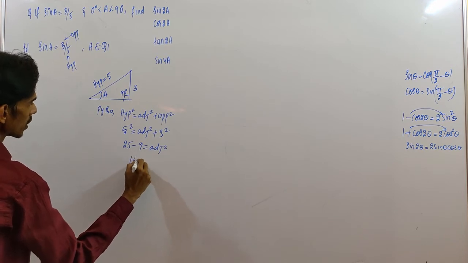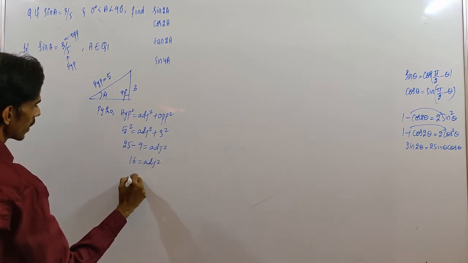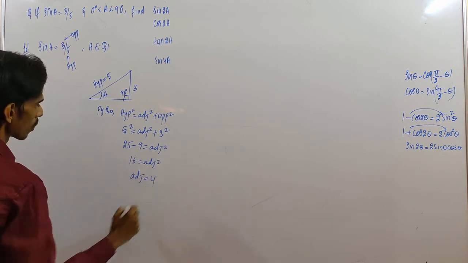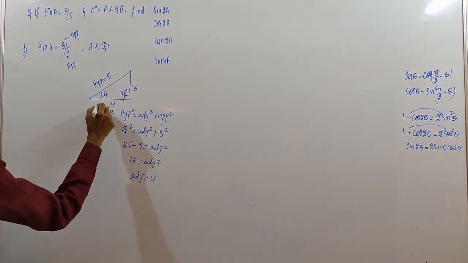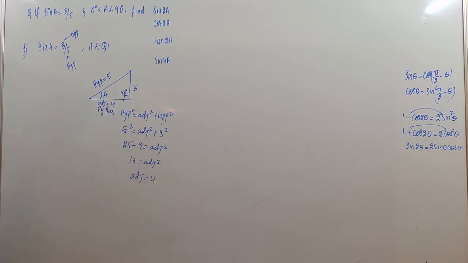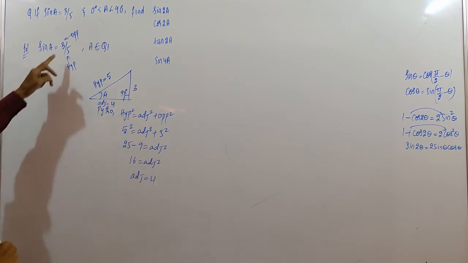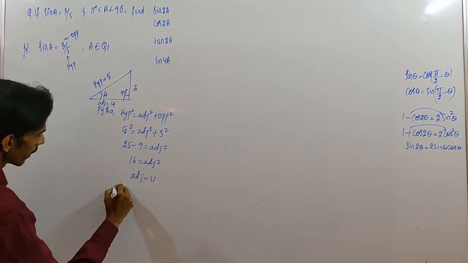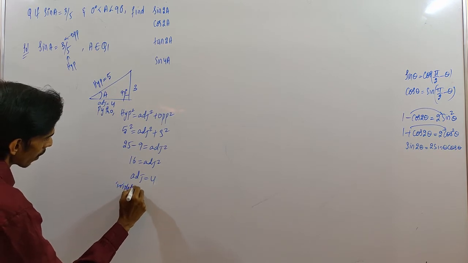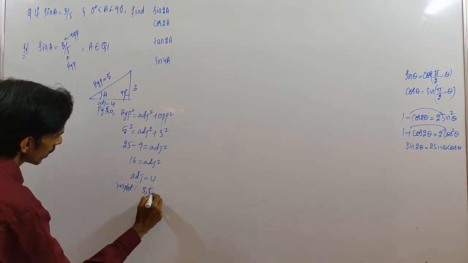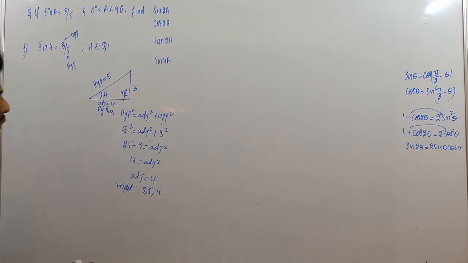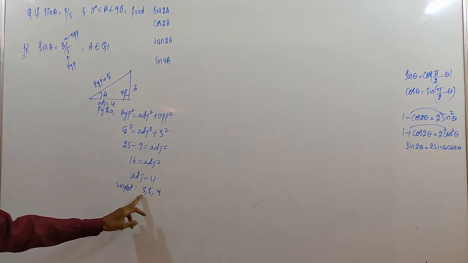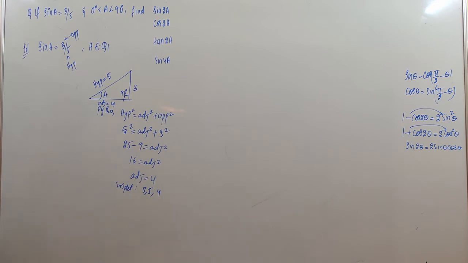So adjacent square is 16, so adjacent value we got as 4. Also, whenever we see 3 and 5, we know a triplet. Whenever we see 3, 5, the other side will be 4. So always remember this 3, 5, 4 or 3, 4, 5.